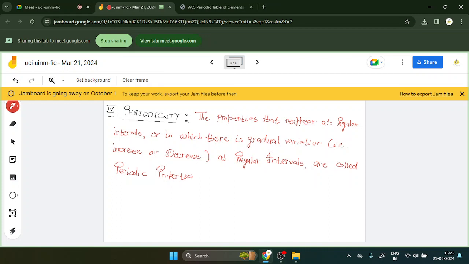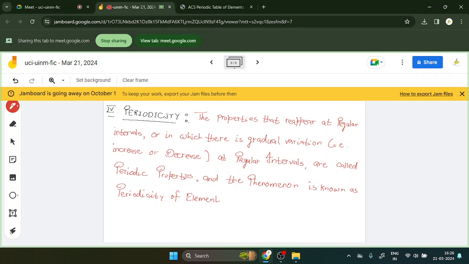And the phenomenon is known as periodicity of elements.